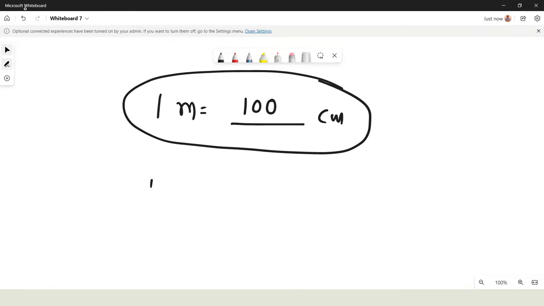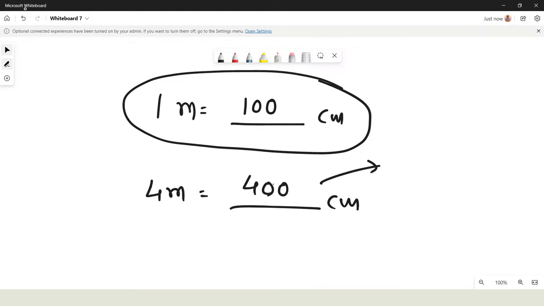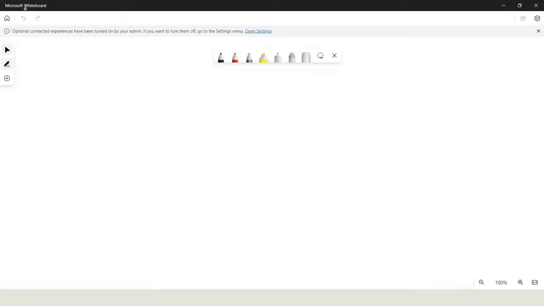Suppose you have 4 meters, then how many centimeters is this 4 meters? 400. Yeah, how have you calculated? 4 into 100, right? That's it. So let's write the solution for this.